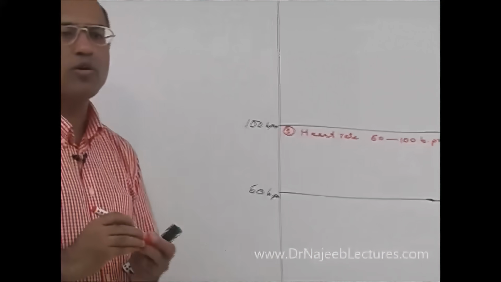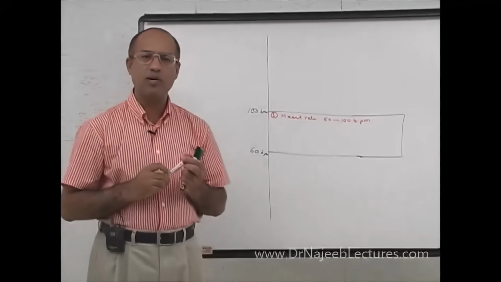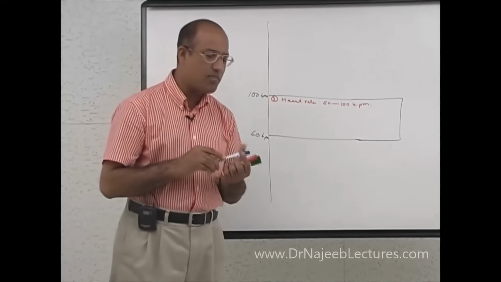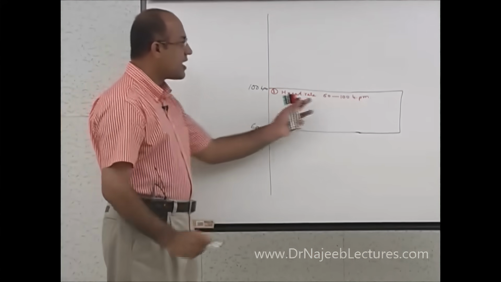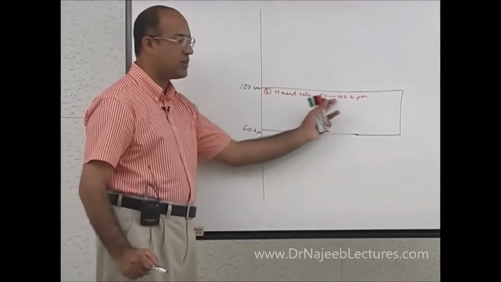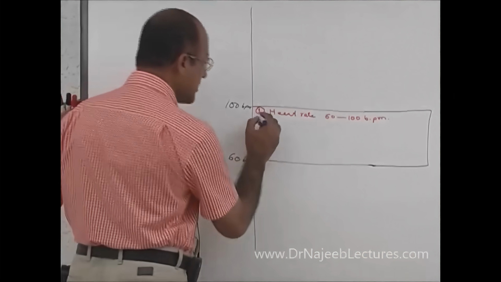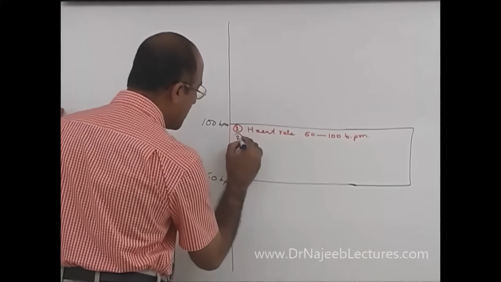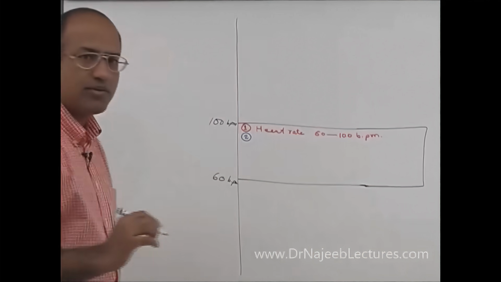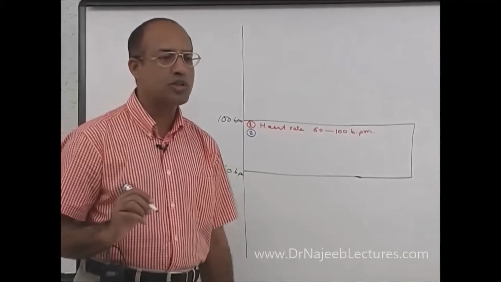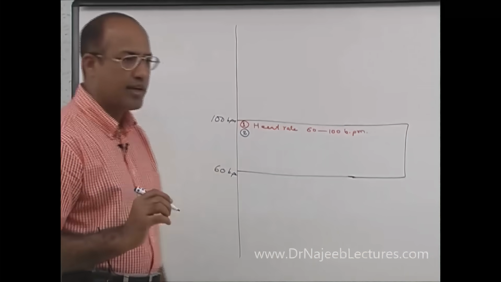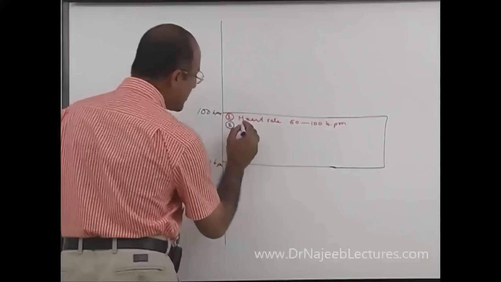But then there is one more requirement for the cardiac rhythm to be normal. The second requirement is that not only should heart rate be between 60 and 100, but every heartbeat should also originate from the SA node. That is the second criteria.